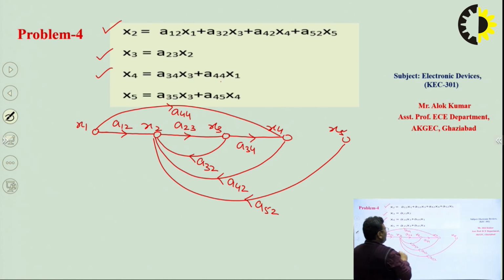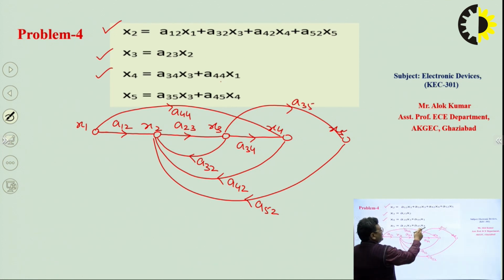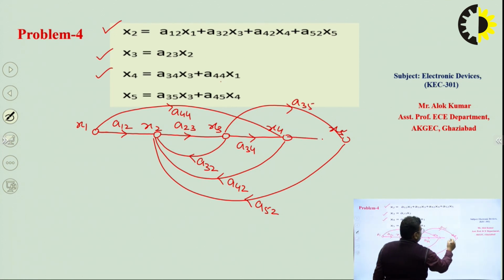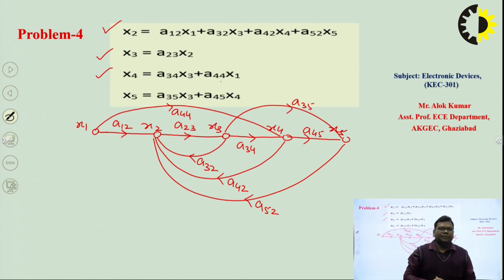So at node 5, one signal is coming from node 3, that is a35, and one signal is coming from node 4, that is a45. This is the way we can draw the signal flow graph using the given equations. Now we can find the transfer function as we have discussed in the previous examples. Thank you.